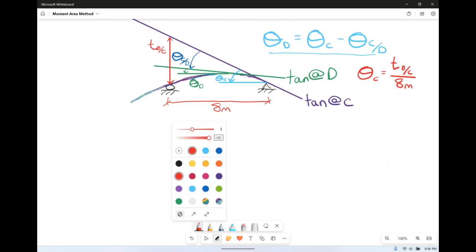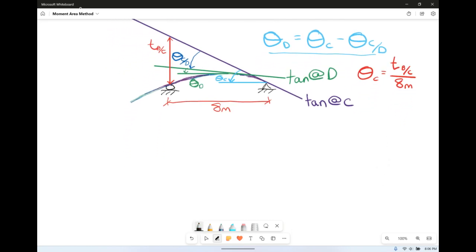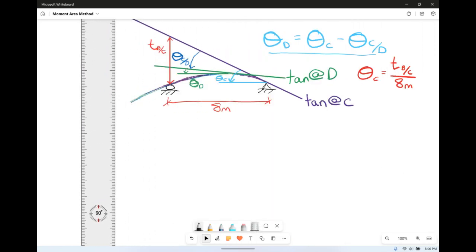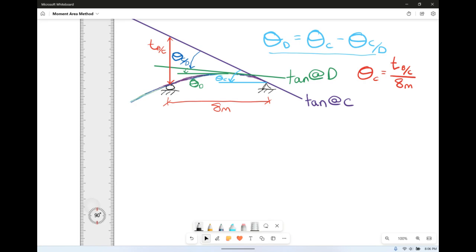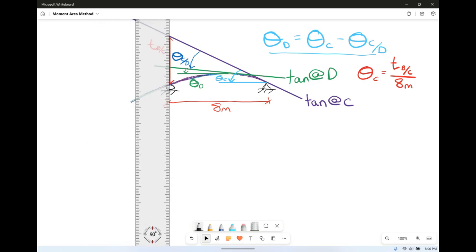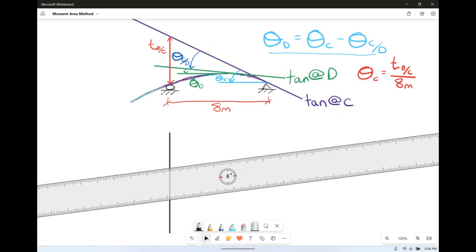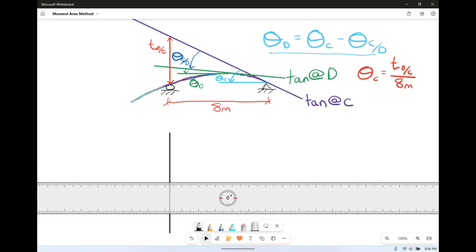So step number one, we now need our moment diagram. The biggest thing is to pick what point we actually want to fix. And I'm going to give you a hint. We actually want to fix at B. The reason we want to fix at B is because it's going to give us a very, very easy diagram for moment.